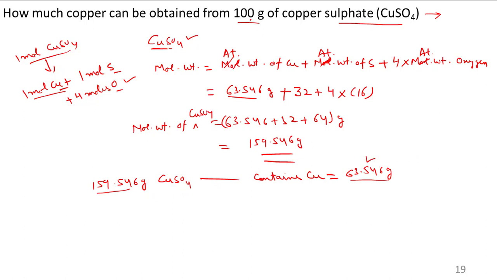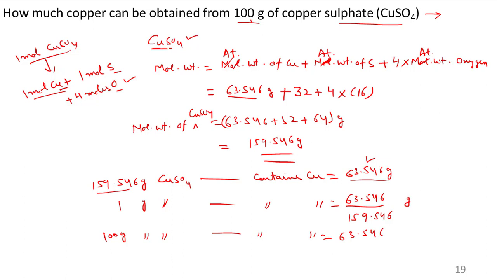We have to calculate in 100 grams, so we will simply apply the unitary method. 1 gram copper sulfate contains copper equal to 63.546 divided by 159.546 grams. We have to calculate in 100 grams, so this is equal to 63.546 divided by 159.546 into 100 gram. This much copper is contained in 100 gram copper sulfate.